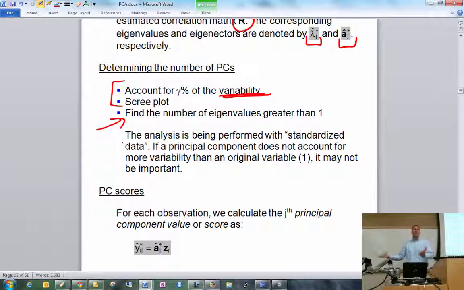You know, if you looked at a principal component and had a variance, or equivalently the eigenvalue of, let's say, 0.5, then it says that that principal component accounts for 50% of the same amount of variation that one of your original standardized variables would have. Well, why would you use it then? It accounts for less information than an original variable. So this is an easy way then to determine how many principal components to go with. Look at the number of them that have eigenvalues greater than 1.